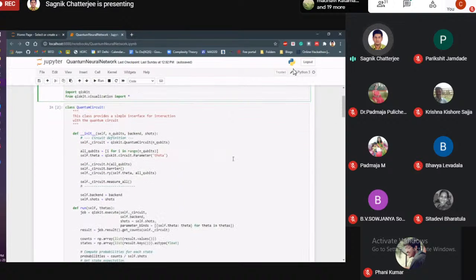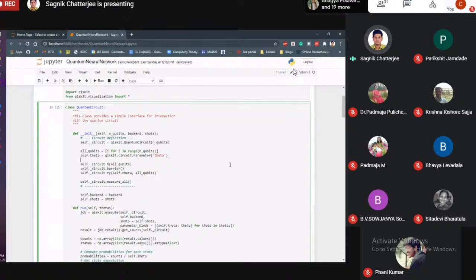Next, we declare a quantum circuit class. Objects of this class will be used in our neural network layers. So what do we declare in the quantum circuit class? We declare that it's a Qiskit quantum circuit, initialized by the number of qubits that we require and the backend on which it is going to run.